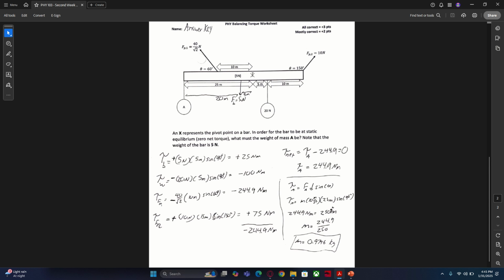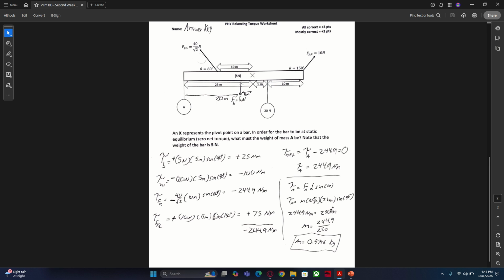Now let's look at the torque of all of our forces. Well, TB, or the torque of our bar's force of gravity, we are already told that it is 5 newtons. So we plug that here. As far as the distance vector, well, we have our point of rotation here.